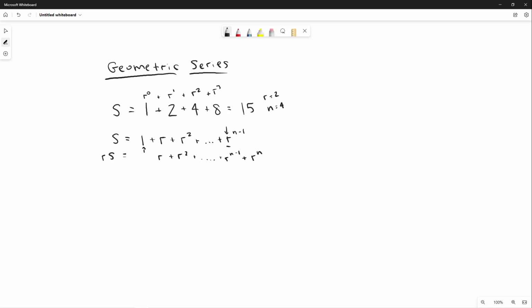Okay, so the reason why we multiplied R on both sides and copied it down is because we're actually going to take this whole line and negate it and then subtract it from the line above.